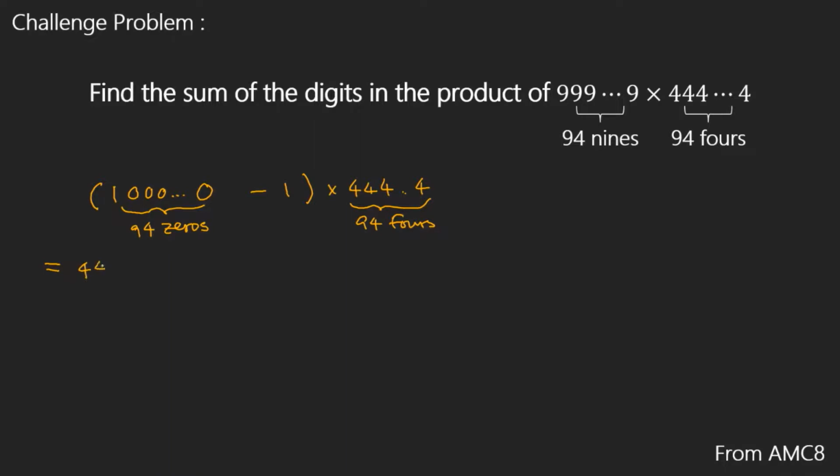So we're going to write it down, 94 fours followed by 94 zeros. Okay, and then minus 1 times the number is the number itself. So this is simply 94 fours.